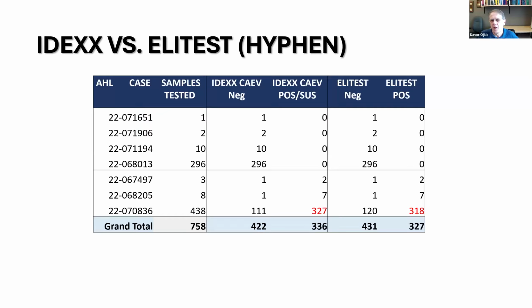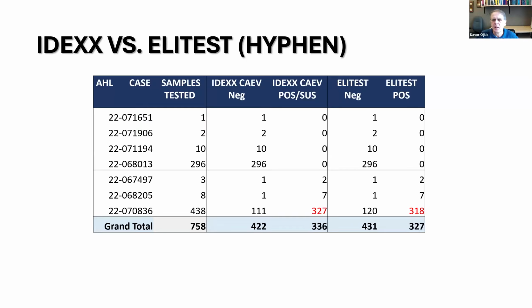There was just one large submission where IDEXX detected a few more positives than the ELITest detected. But generally speaking, that was sufficient in my view to justify switching or introducing Hyphen ELITest as a primary test for goats as well.